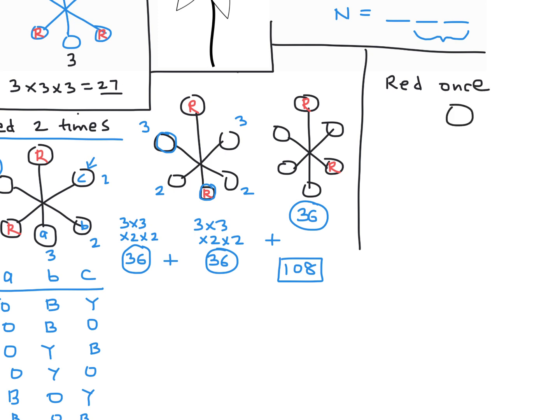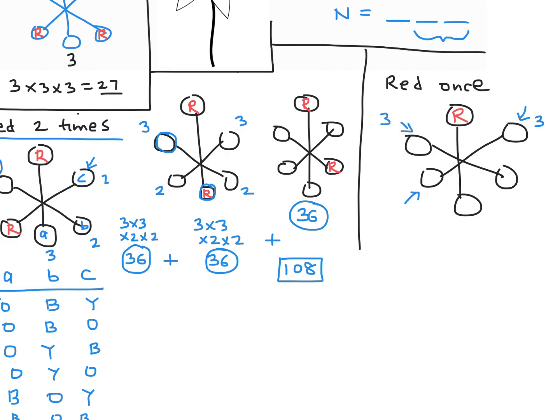Okay, so let's figure that one out. Draw in my petals and connect them. Okay, and then we put in the red anywhere. Okay, now let's talk about this here. Well, for this one, I have 3 choices. For this one, I have 3 choices.